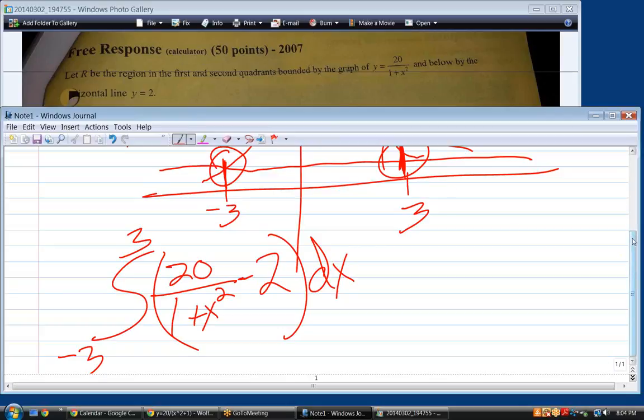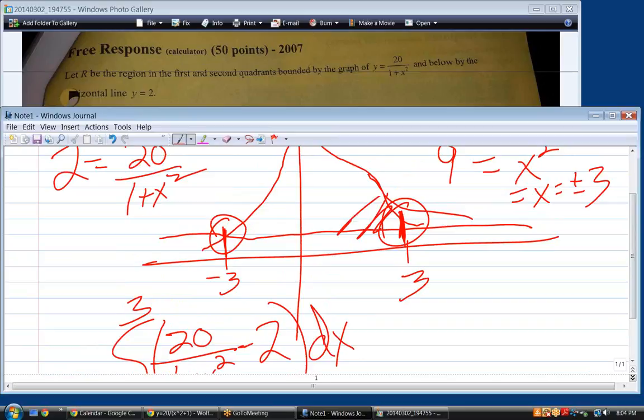That gives us this area. In other words, if I didn't subtract the 2, I would have gotten the area between that graph and the x-axis. But of course, that graph doesn't ever hit the x-axis, so really we wouldn't be able to figure that out. So that's why they put the line y equals 2 in there.